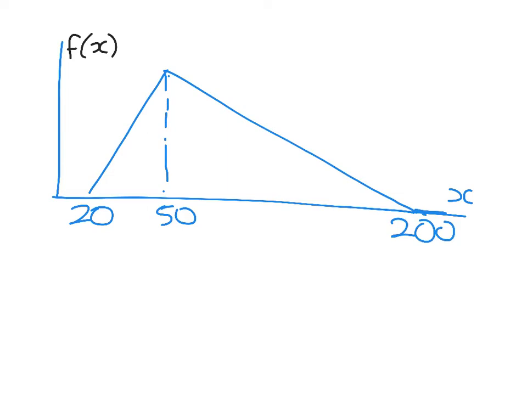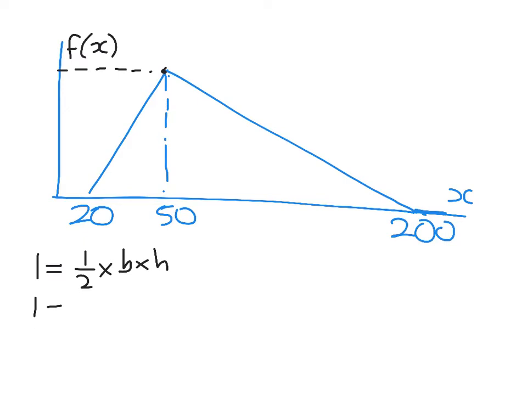And the first thing we do with a triangular problem is we work out what I call the peak height. So at the top of the triangle, at this vertex here, how high are we? Now, the way to think about that is to say that the area under that curve, under the triangle, is equal to 1 because it's a probability distribution. And we know that the area of the triangle is half the base times the height.